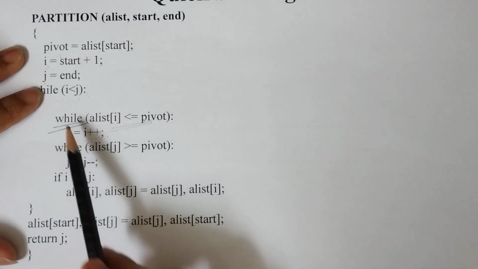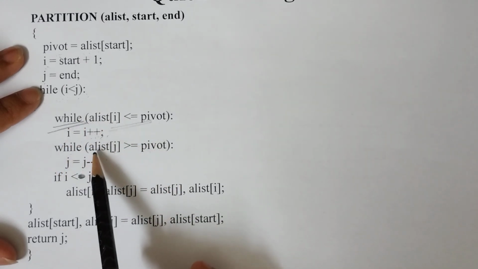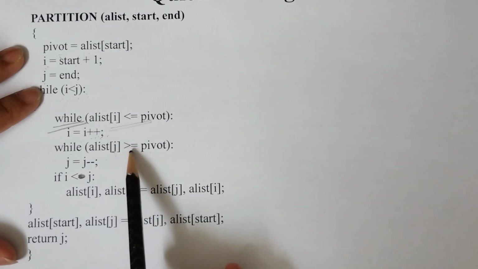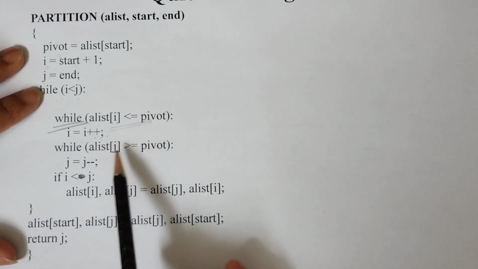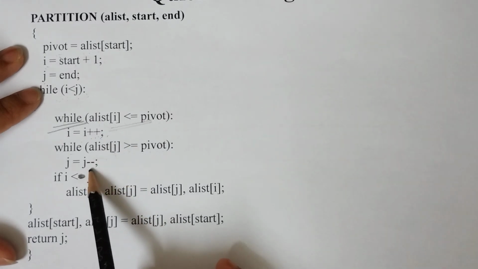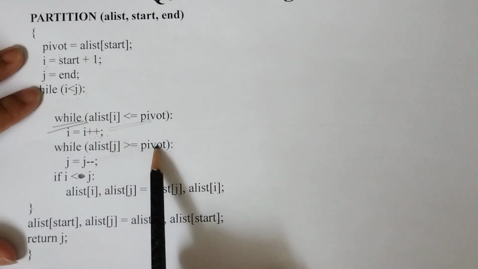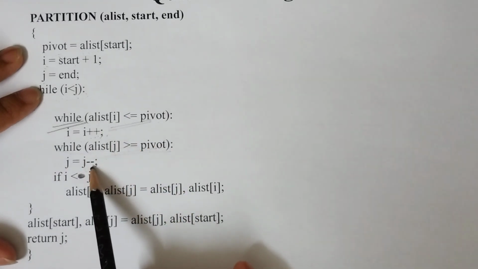In the same way, you go for j. The condition for j is that A list of j should be greater than or equal to the pivot element. If it is, you perform a decrement operation on index j, and until this condition becomes false, you continue this process.